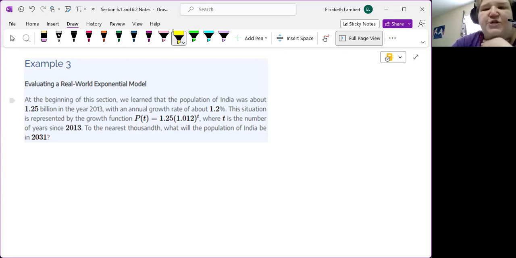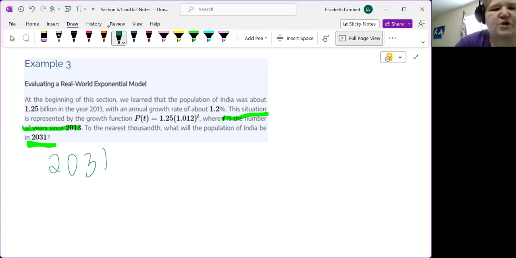So to answer this question, we first have to understand, where does it start? So T is the number of years since 2013. So when we're asking what's the population in 2031, we need to know how many years 2031 is from 2013, which we figure out by subtracting.